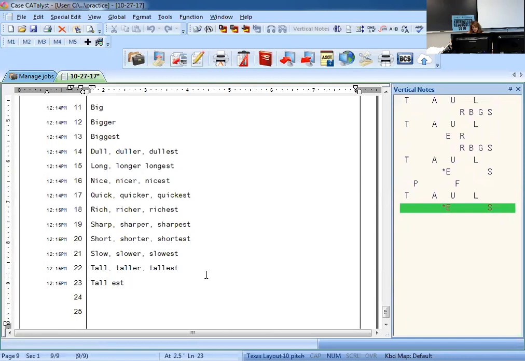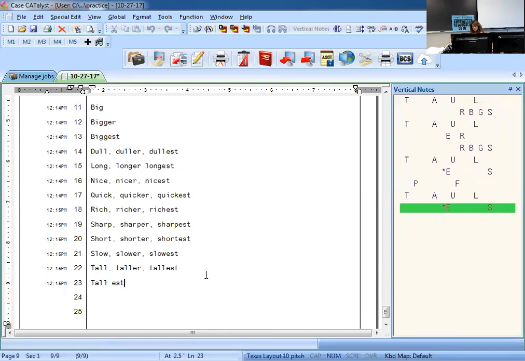When the sound of Y is heard before the ER or EST, write the Y in your notes. I always think of it this way: whenever you have an I word, like I-E-R, it's an ending, the Y takes the place of the I, okay? So that helps me to remember.